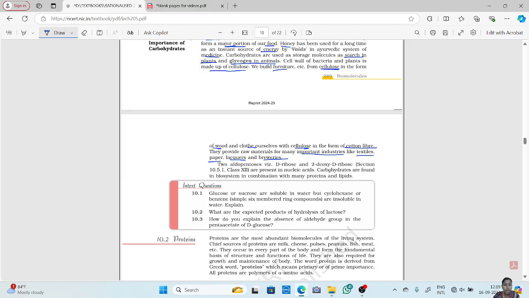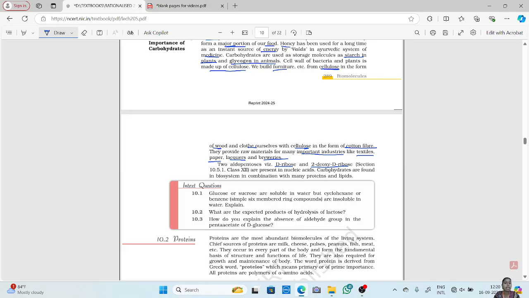Now, 2-aldopentoses, that is D-ribose and deoxyribose, are present in nucleic acids. Carbohydrates are found in biosystems in combination with many proteins and lipids. So these are present in our DNA and RNA.